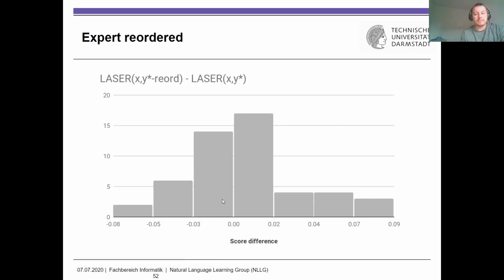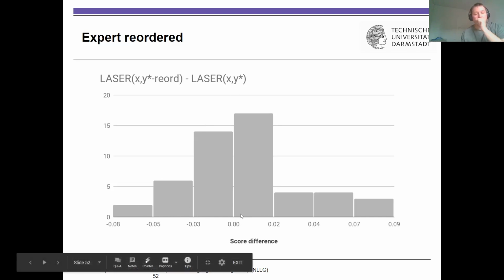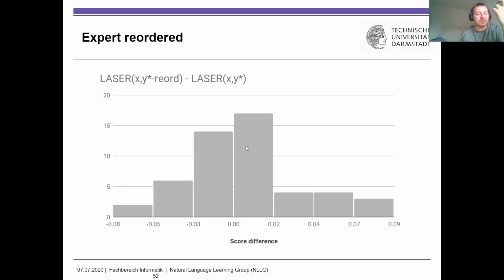Then we go to the expert reordered case, where we compare the expert reordering over the original Y star, the human reference. What we see here is the center is slightly positive or at 0. So basically that shows indifference.